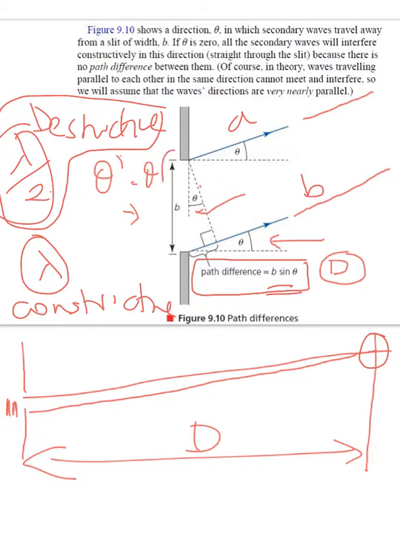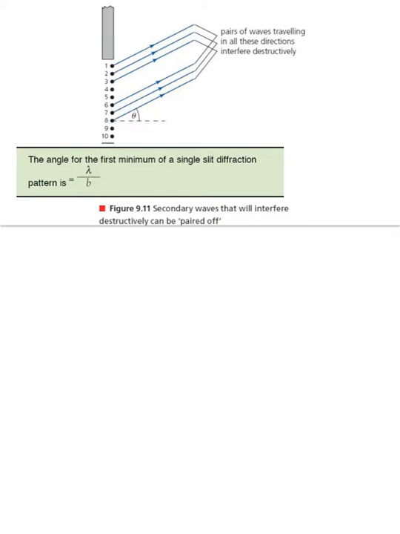Now we're going to look at this a little bit differently, however, in the light of the relationship that we came up with for Young's double slits. Now, in order to fully carry out a derivation using Huygens principle, we need to refer to our double slits idea.